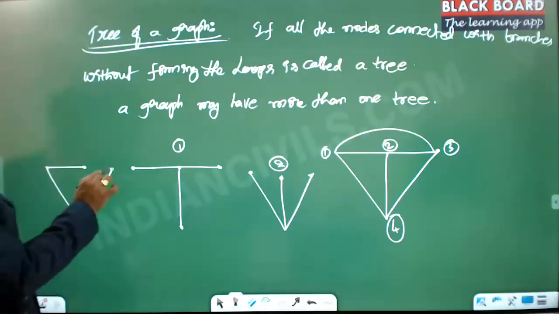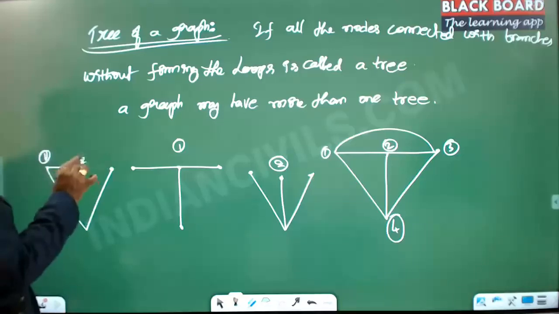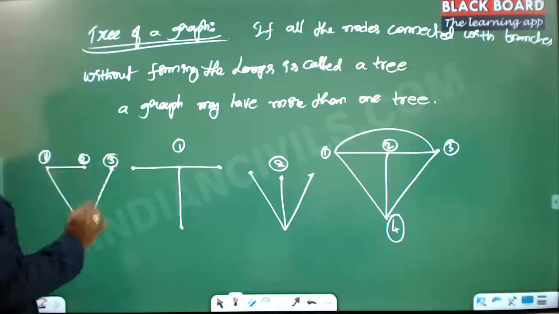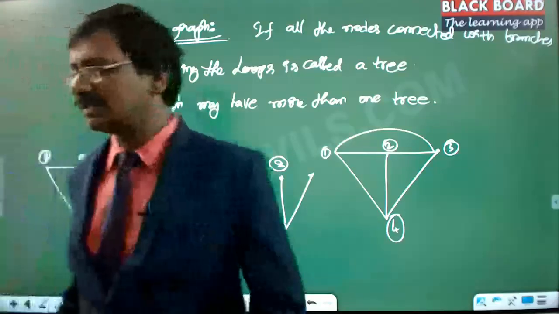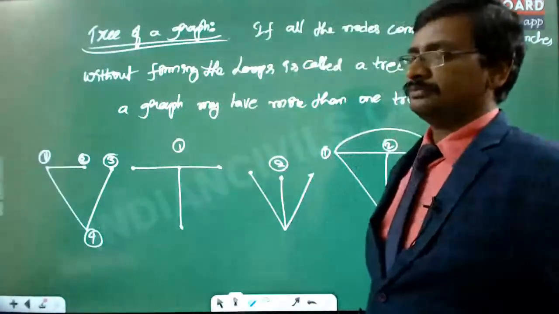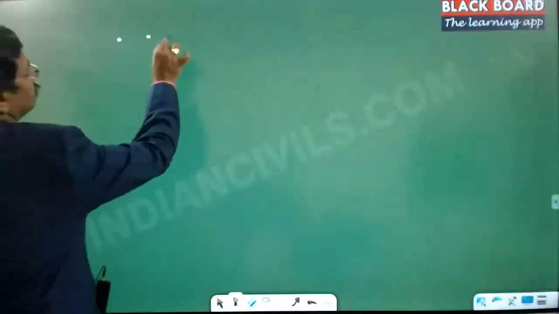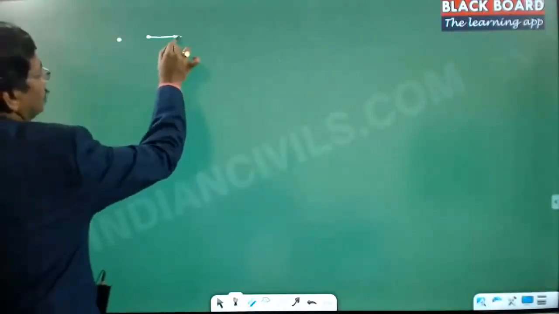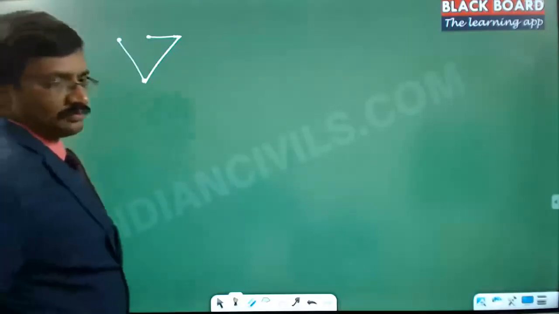So this is 1, 2, 3, 4. Now every node is connected in this also. Got it? And then you take another case, like this, and this one. So this is also one more.